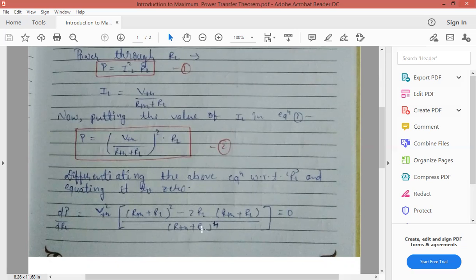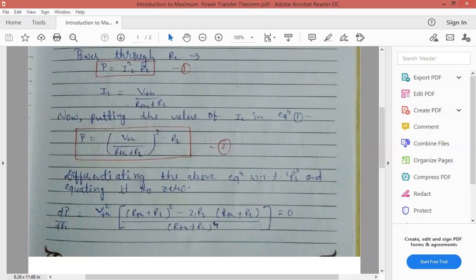In the denominator, first of all we take V square. Here V equals RTH plus RL, so it will be RTH plus RL whole power 4. Now in the numerator we differentiate U. U is VTH square into RL. So when we differentiate U, we get VTH square into 1 and into V. V is RTH plus RL whole square. Then the minus sign will come.